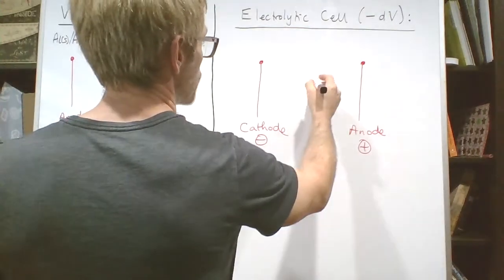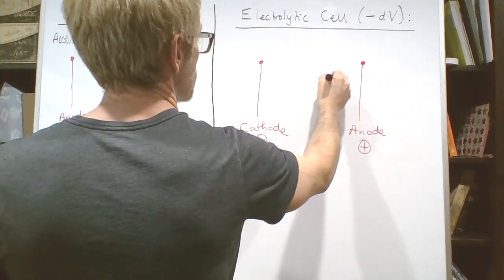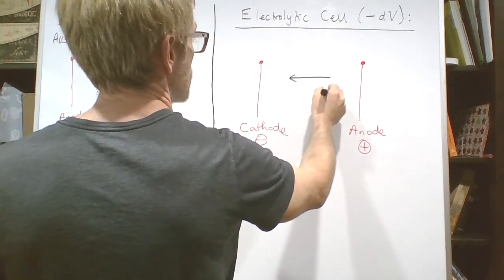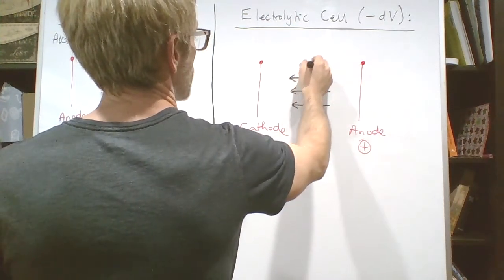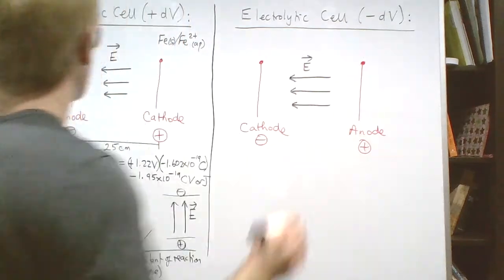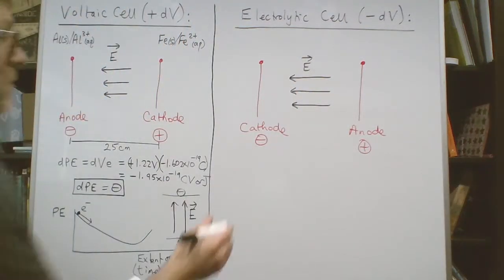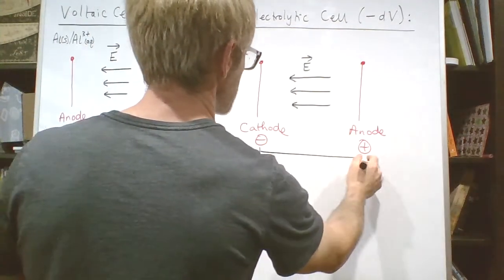We have the electric field again going from the positive electrode to the negative electrode. And the specific examples will have the same separation.